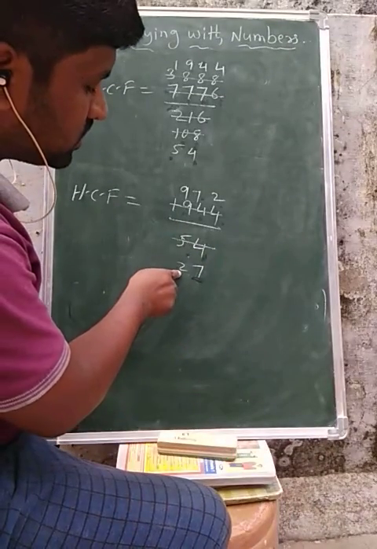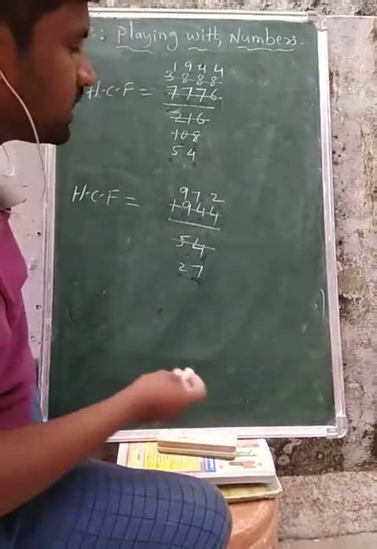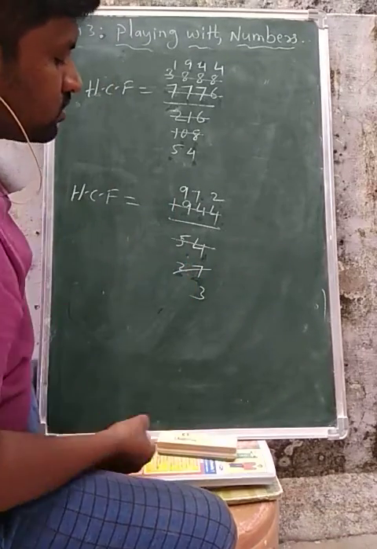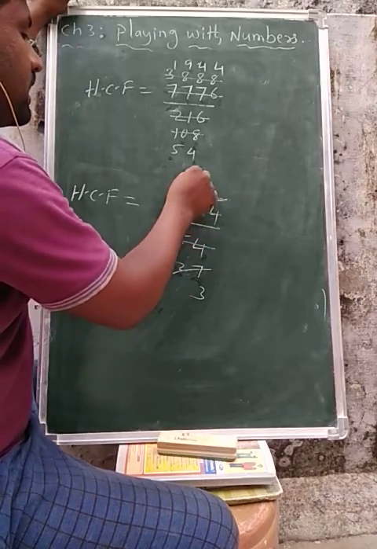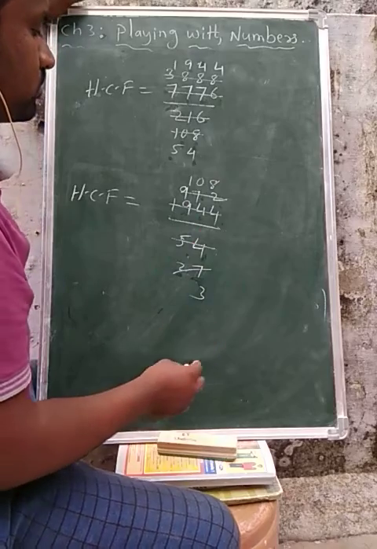And the sum of the digits of 27, that is also 9, it is also exactly divisible by 9. 9 3s are 27, 9 10s are 90, and 9 8s are 72.